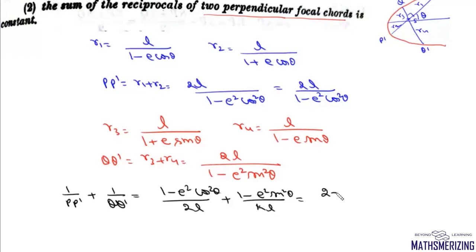So it will be 2 minus, now sin square theta plus cos square theta will be 1, so it will be (2 minus E square) upon 2L, which again is independent of theta. So that means the sum of reciprocals of two perpendicular focal chords is also constant.